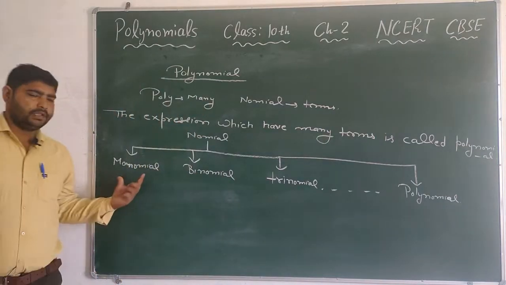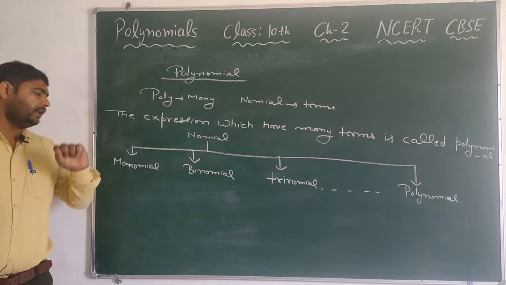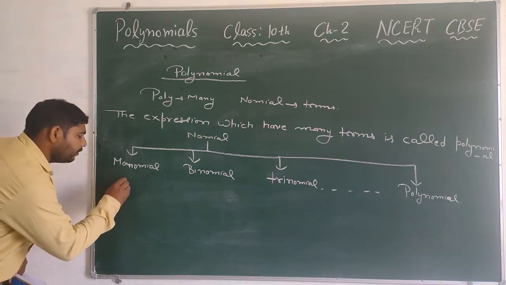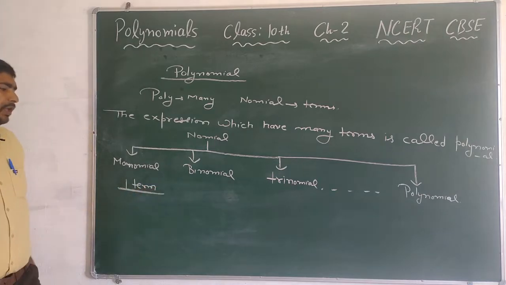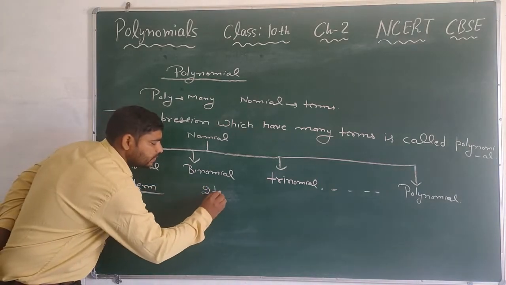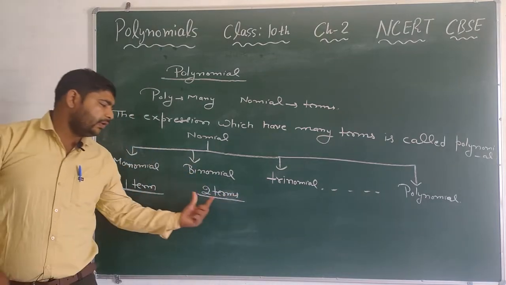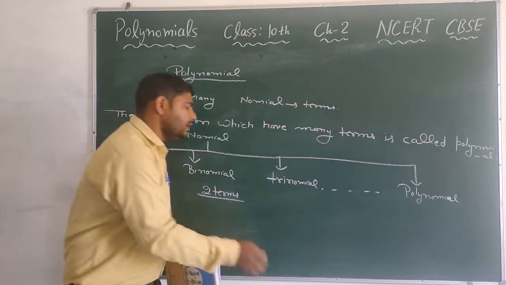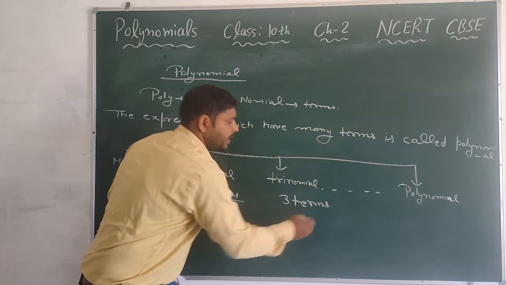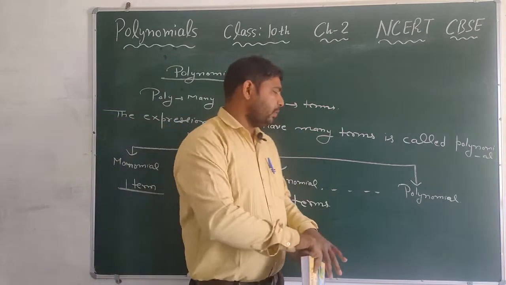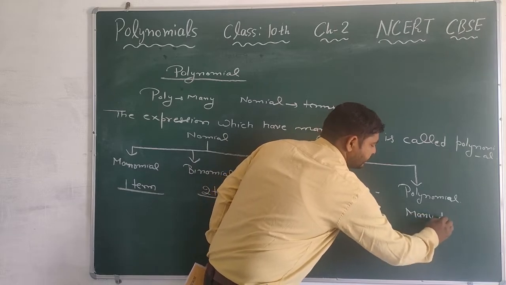What is a monomial? The expression which has only one term is called a monomial. The expression which has two terms is called a binomial. The expression which has three terms is a trinomial, and so on. Polynomial is the expression which has many terms.